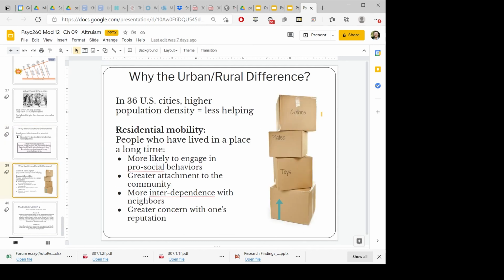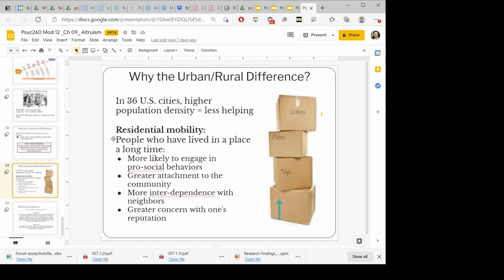The other explanation for the urban-rural differences, besides the urban overload hypothesis, is residential mobility. The hypothesis is that people who live in urban areas have higher residential mobility, so they move around more, versus people who live in a rural area, who tend to live there for much of their lives.